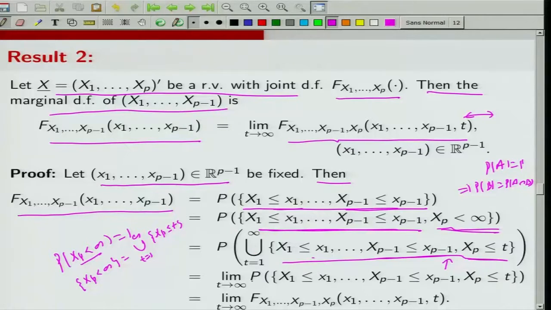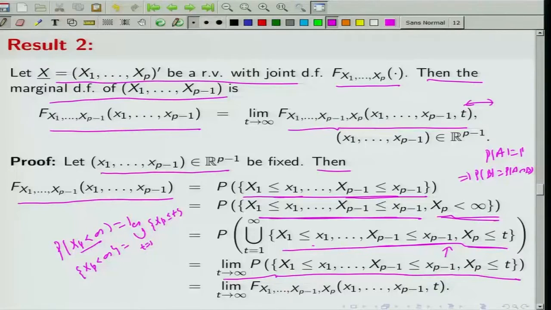So, this limit can go outside. So, this is the same as the limit t going to infinity of the probability that X1 is less than or equal to x1, ..., Xp-1 less than or equal to xp-1, Xp less than or equal to t, which is the same as the joint distribution function of X1, ..., Xp at the point (x1, ..., xp-1, t), with the limit t going to infinity.